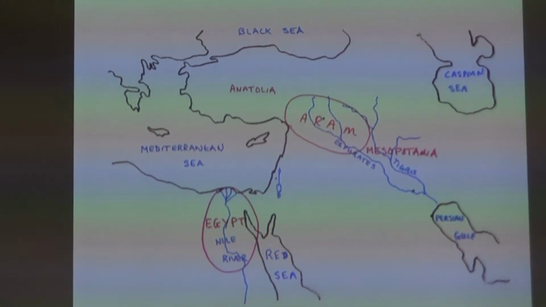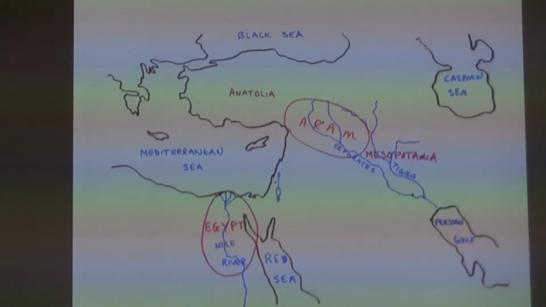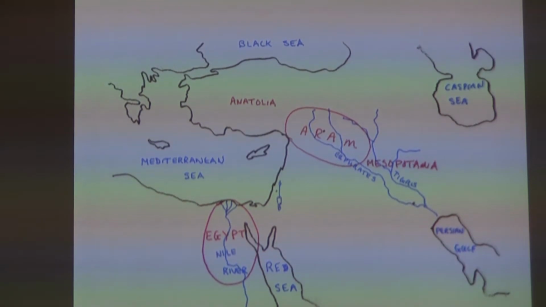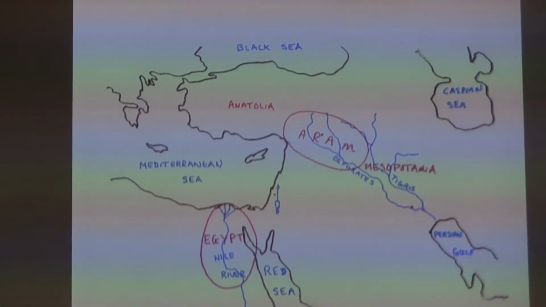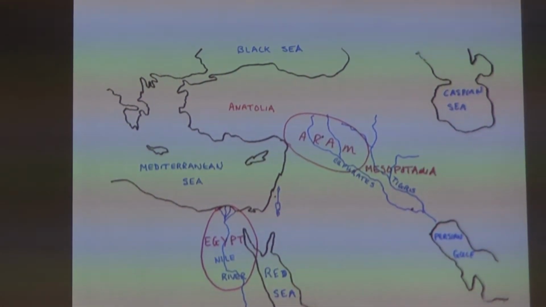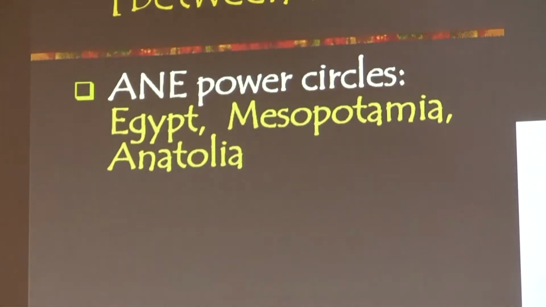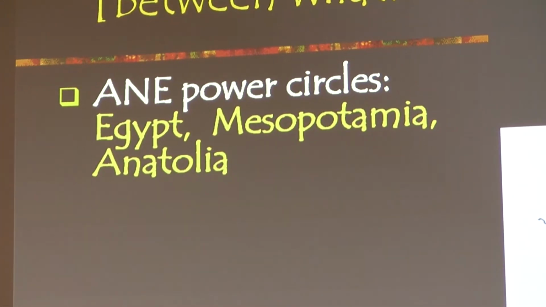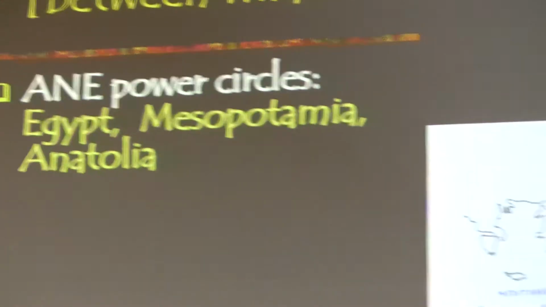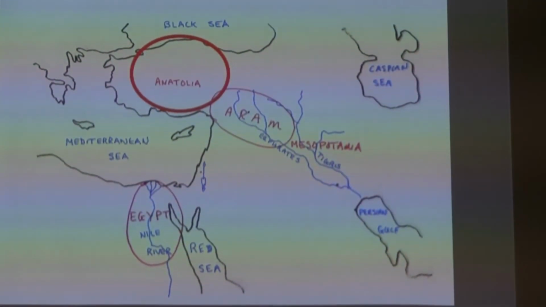Some of them are geographical. Others have to do with people and where they live, and they're more geopolitical. So first of all, we want to think in terms of power circles. That is a term that will help us a little bit. We have Anatolia, which is modern-day Turkey, if you want to think about this.